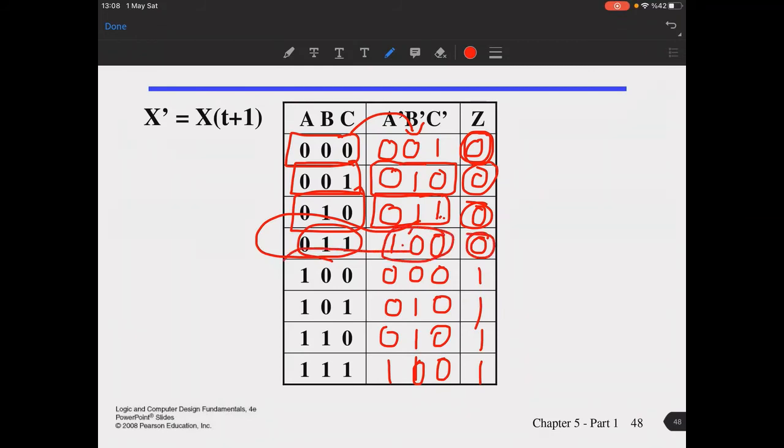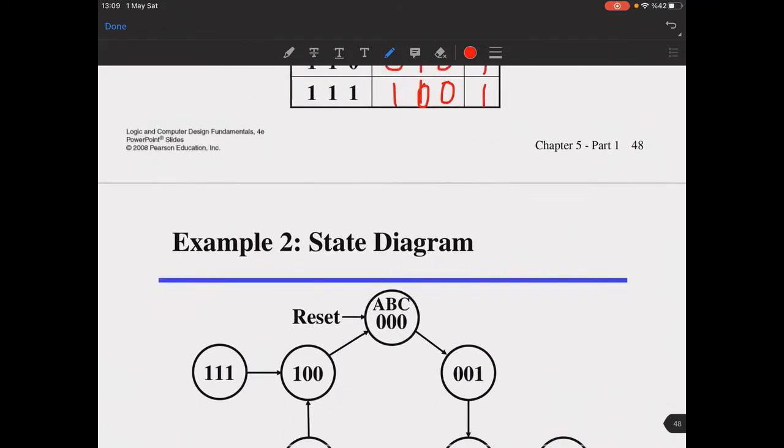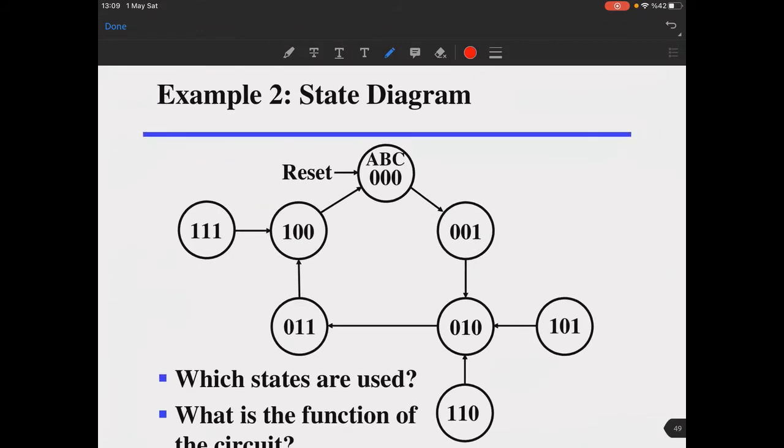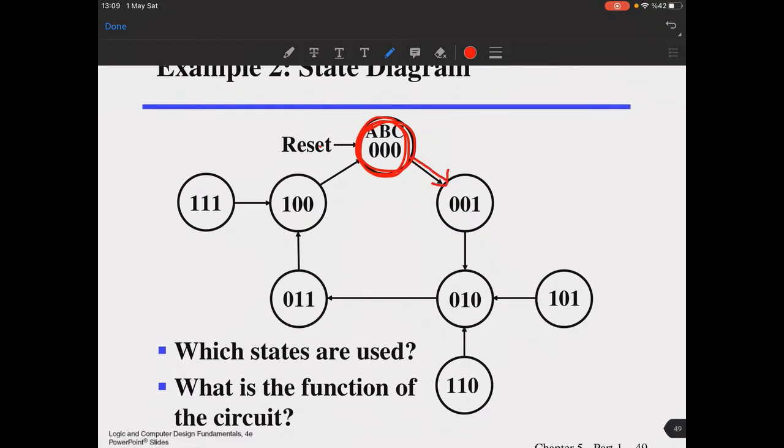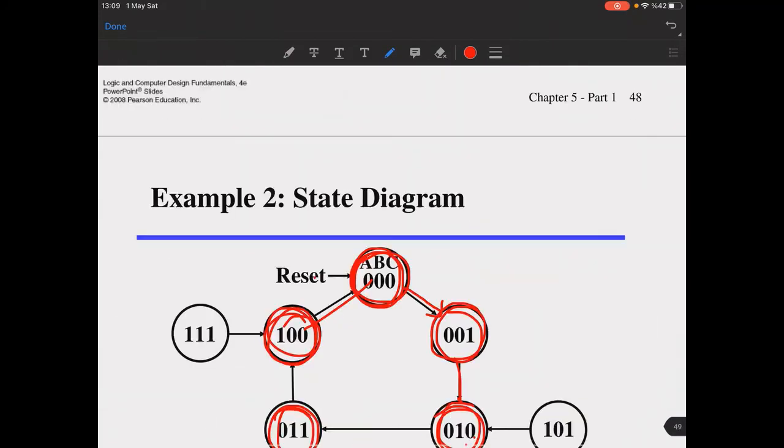If you want to put this in a state diagram, it would look like this. When you reset, you start from here, then with each step you go right here, go right here. These are your outputs as well, and then you go right here, then you go right here and come back.